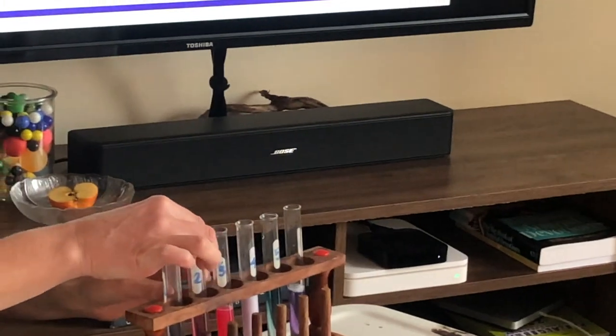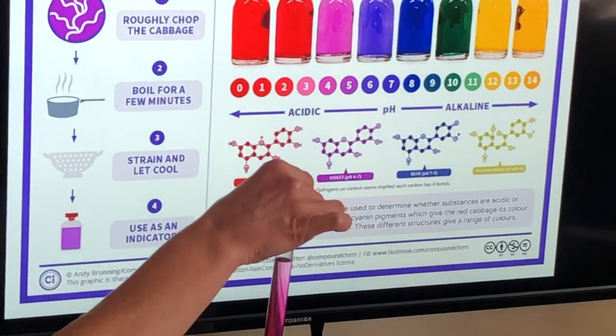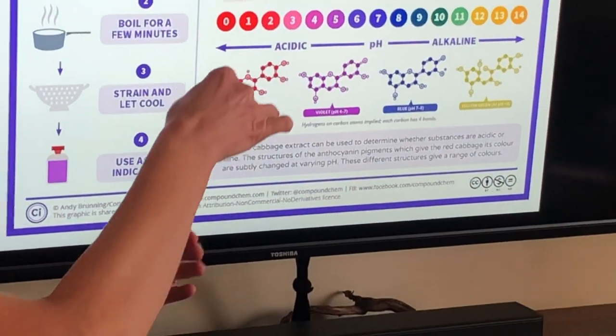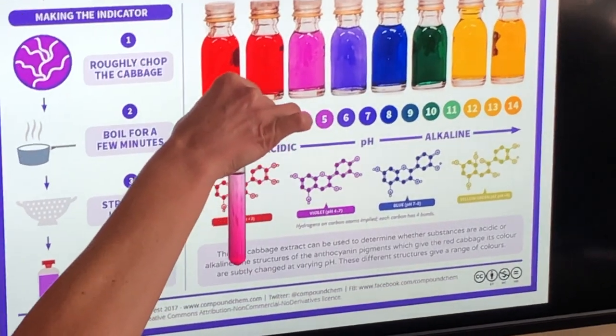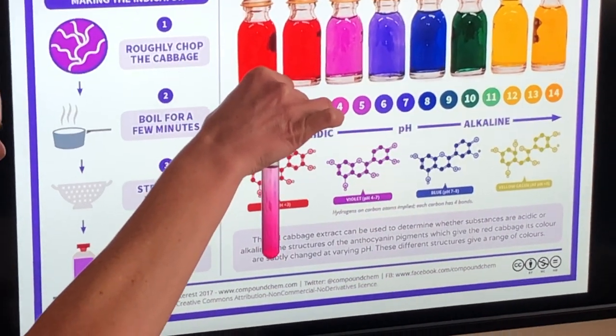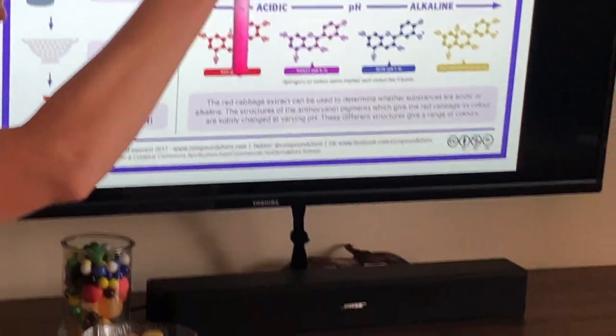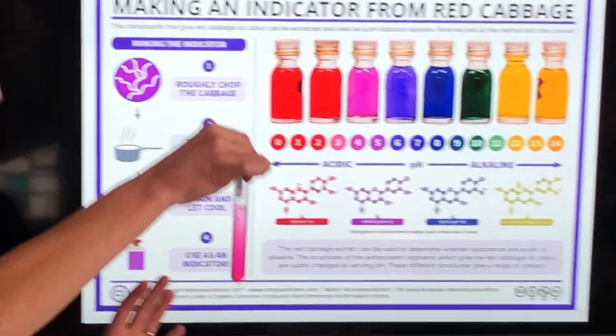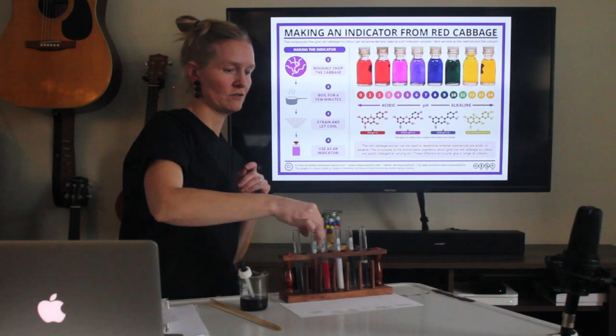The next one we did was the acetic acid. And definitely if you compare this to the pH scale, the indicator there, it's kind of that pink color, and it would definitely fall around the 2-3 pH.